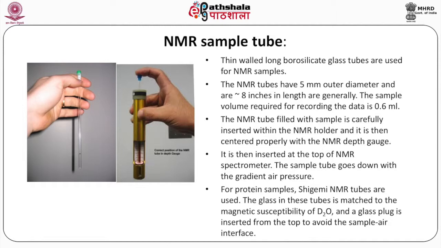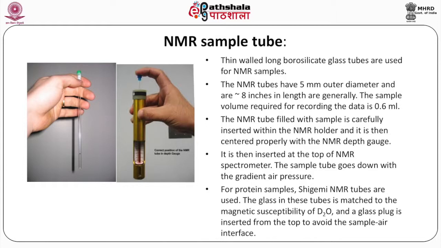The NMR tube filled with sample is carefully inserted within the NMR holder as is shown in the figure on the right, and it is then centered properly with the NMR depth gauge. This depth gauge has a line which marks the center, and the NMR sample has to be centered along this line. It is then inserted at the top of the NMR spectrometer.